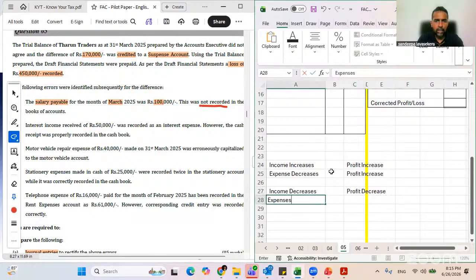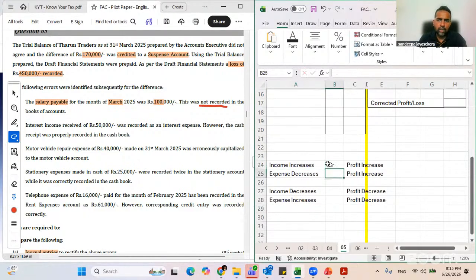When an expense increases, profit will decrease. Right? So income increase means credit. Expense decrease means credit. Income decrease is a debit. Expense increase is a debit.